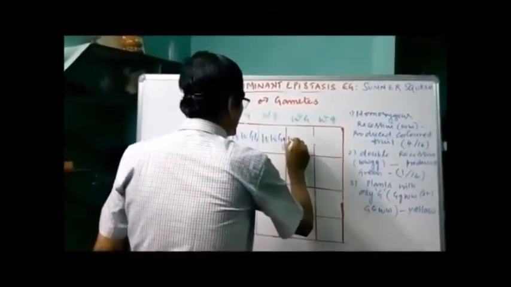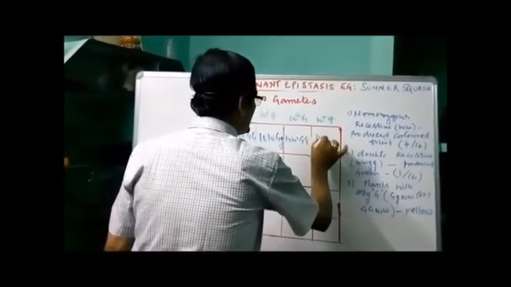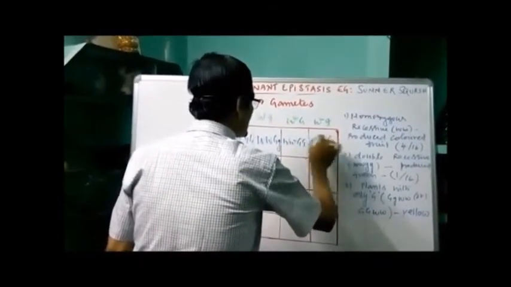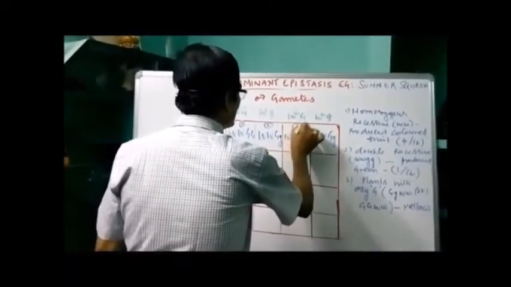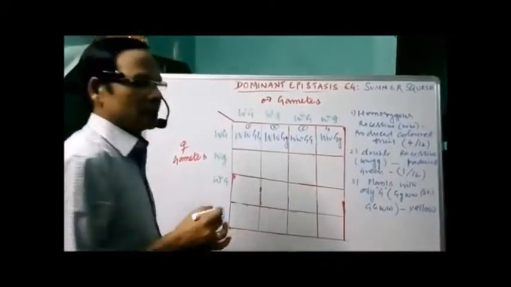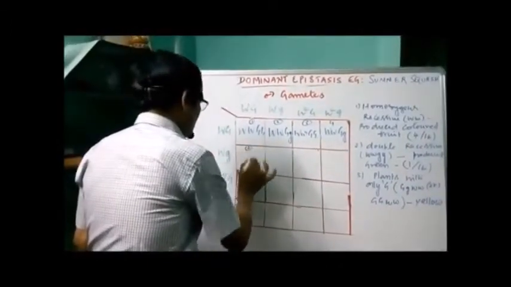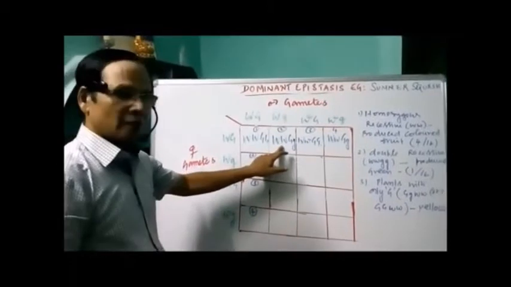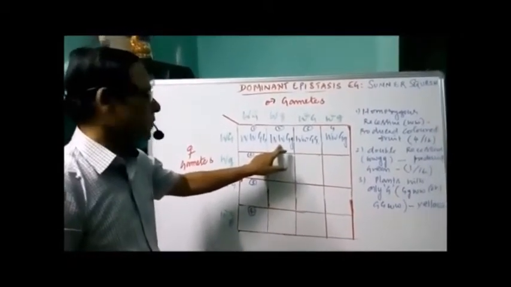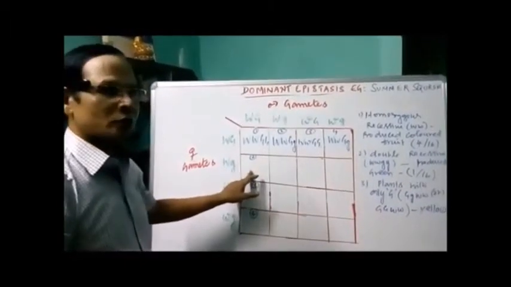So capital W, small w, capital G, capital G. Here capital W, small w, capital G, small g. So this is box number 1, box number 2, 3, 4, as in the case of a dihybrid cross, for easy understanding. This is box number 2, box number 3, box number 4. I mentioned already, whatever genotype we have in the second box in the horizontal line, we are also getting in the second box.